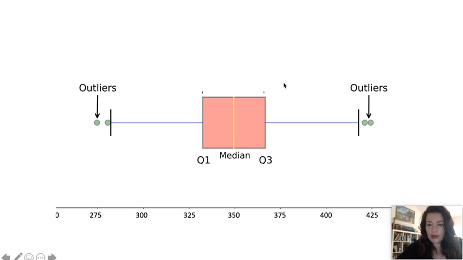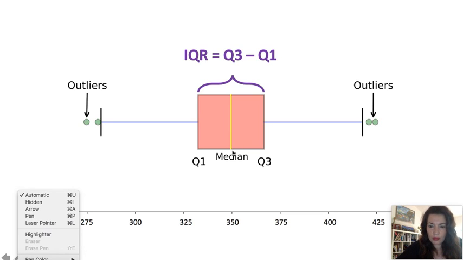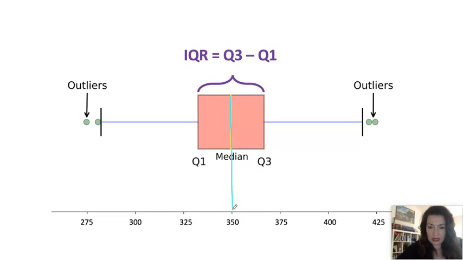All right, so recall the median is always in between your Q1 and Q3, somewhere in the box. It doesn't have to be exactly in the middle, it could be anywhere in your box. IQR is always your Q3 minus Q1. Remember, if you want to read what that is, you can always draw a line from your median down, and you'd be able to read that 350 is your median.